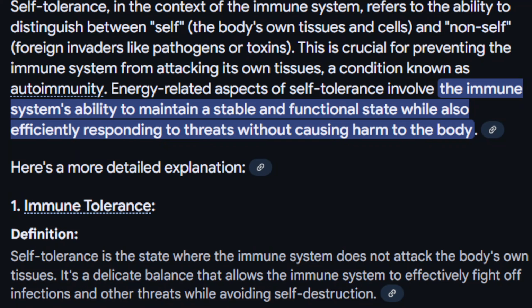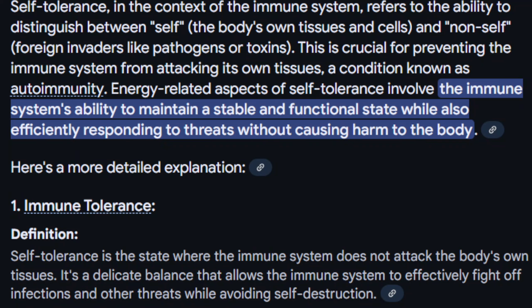Self-tolerance in the context of the immune system refers to the ability to distinguish between self, like the body's own tissues and cells, and non-self, like foreign invaders such as pathogens and toxins.